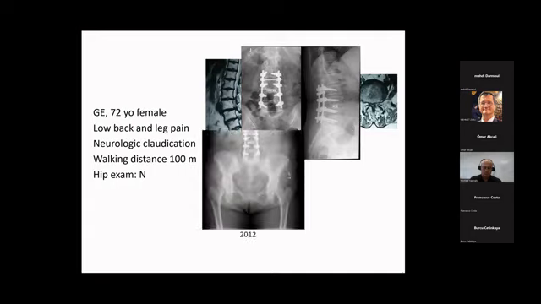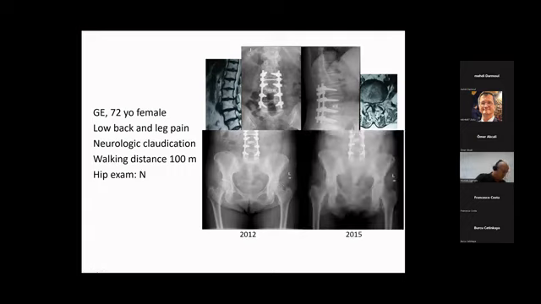Here is the view 2 years after the index surgery. She had moderate right hip joint pain without motion limitation, and there is hip joint narrowing, but the joint space is quite similar between the right and left. 5 years later, she had significant hip pain and mild flexion contracture.